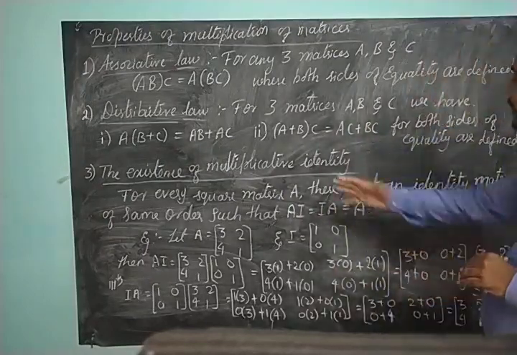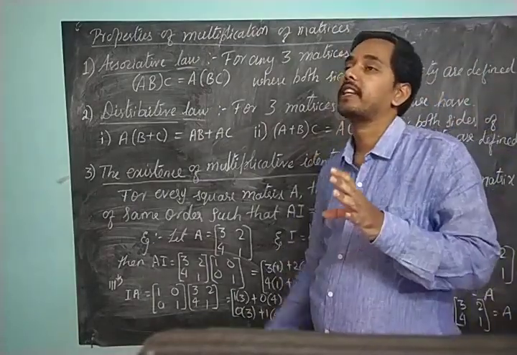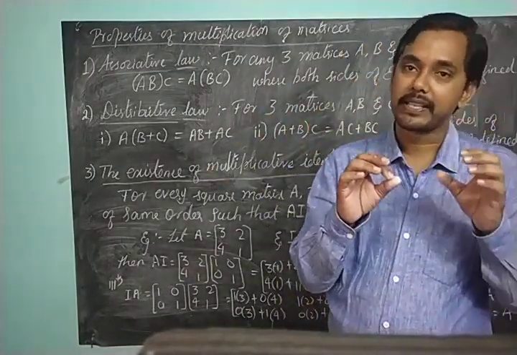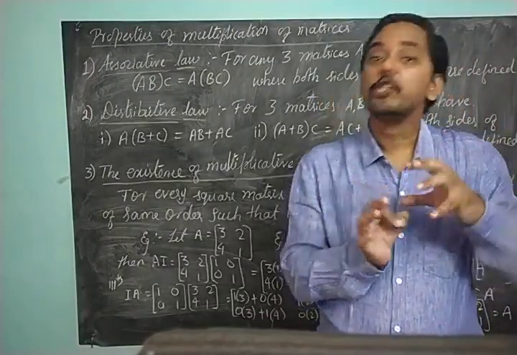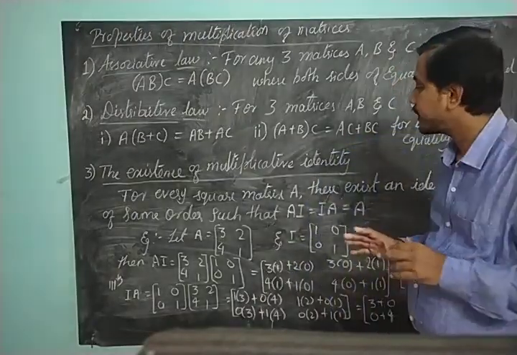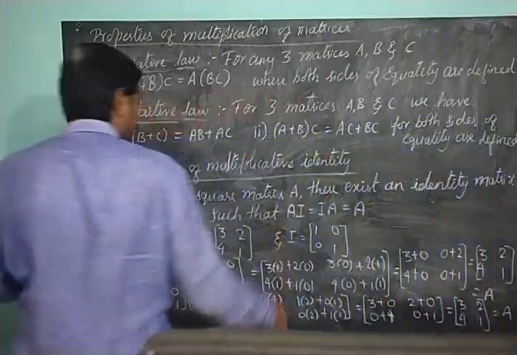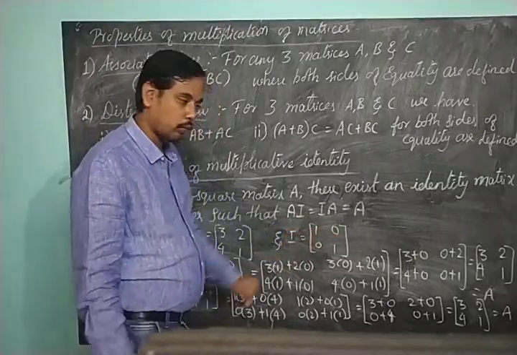Okay. So now, existence of the multiplicative identity. It means that when the identity matrix is multiplied with matrix A, you should get the original matrix, that is, matrix A itself. Right? So let us check. Let A be 3, 2, 4, 1 and I be the unit matrix 1, 0, 0, 1.